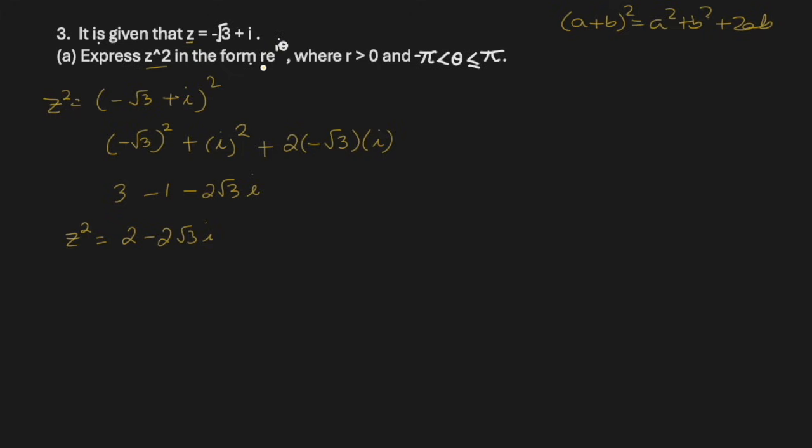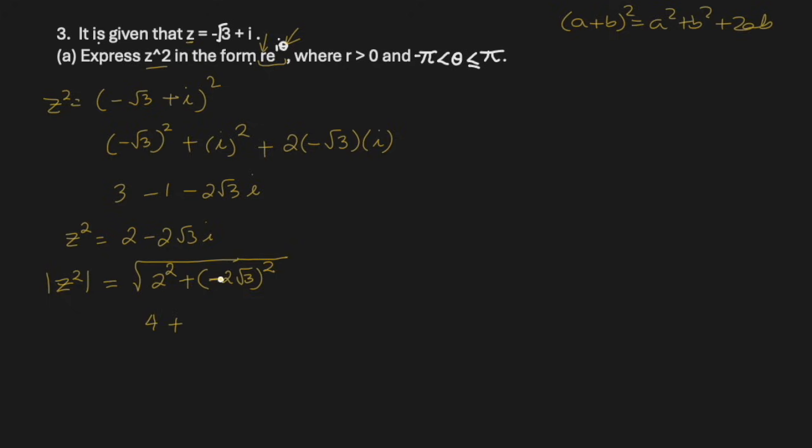Okay. But we have to give it in this format. That means we need a modulus and an argument. Okay. r is the modulus. So what is the modulus of z square, of this one? It will be square of this number plus square of 2 square root 3, negative. 2 square is 4.